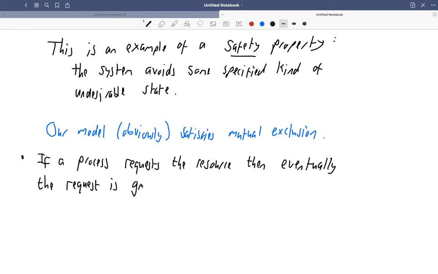The request is granted, let's say. The process is given access to the resource.